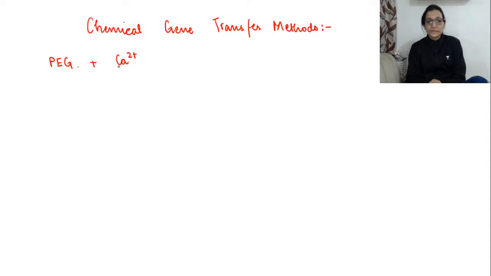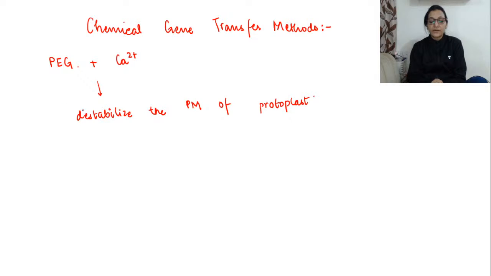So the polyethylene glycol and divalent ion is going to destabilize the plasma membrane of the protoplast and render it permeable to naked DNA.